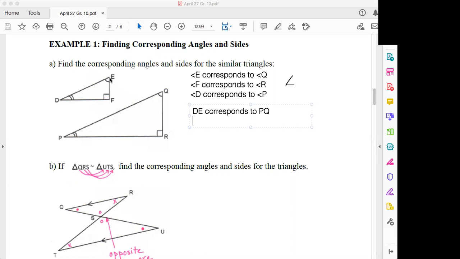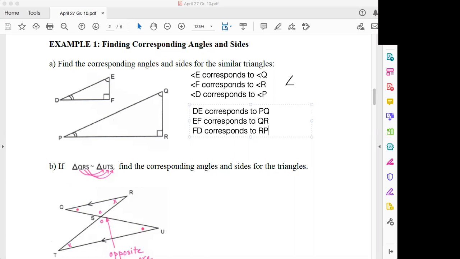Now we're going to do the same thing for EF. EF corresponds to, and the same side here is QR. And our last one is DF or FD corresponds to RP. Okay, so that's simple.